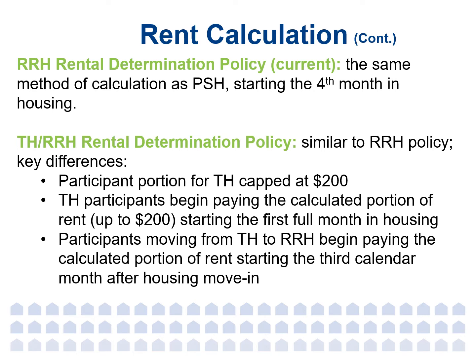Participants in transitional housing begin paying the calculated portion of their rent up to the $200 cap starting the first full month in housing, and participants moving from a transitional housing unit to a rapid rehousing unit begin paying the calculated portion of rent starting the 3rd calendar month after housing move-in instead of the 4th. The KEYS program uses a different method of rent calculation, which we will not address in this presentation.